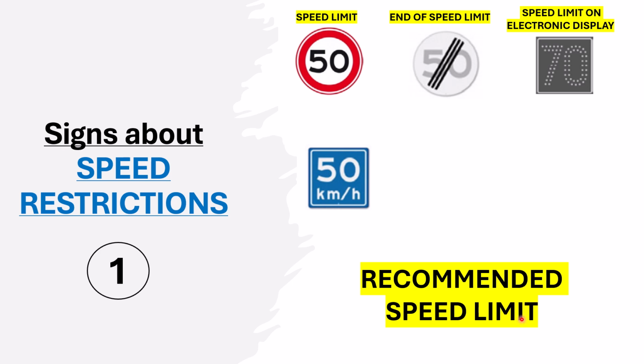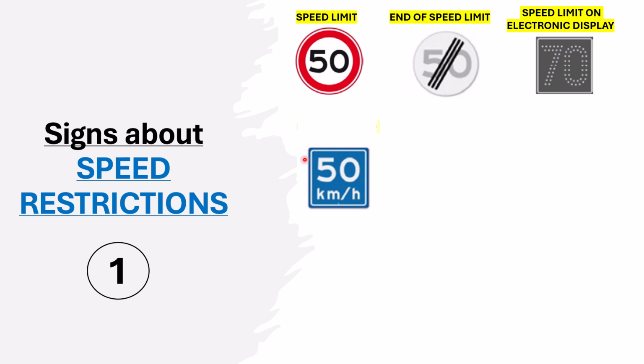For the recommended speed limit, you can exceed it and you will not be fined. But remember, recommended speed limits are always given for your safety, so you should follow that speed limit.